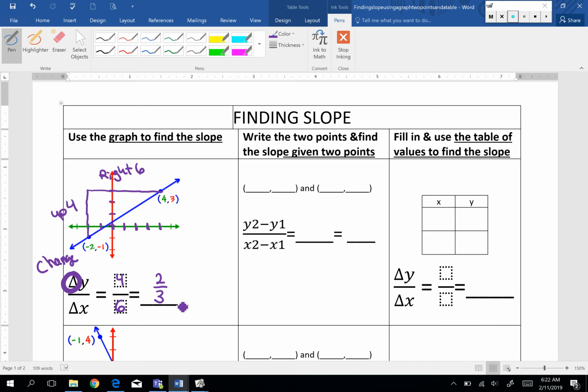The second box says we're going to write the 2 points and find the slope given the 2 points. The 2 points are coming from your graph. So we have -2, -1, and we have the point 4, 3. I grab those right from the graph in that first box. It is very helpful, I think, to label them with x's and y's.